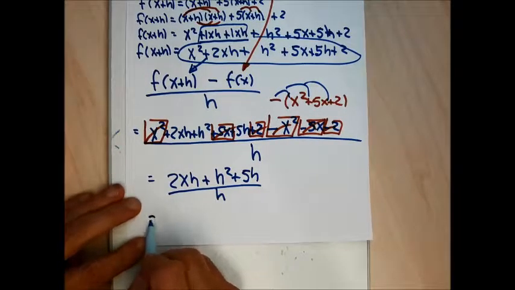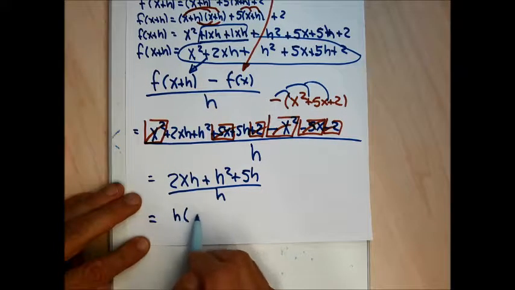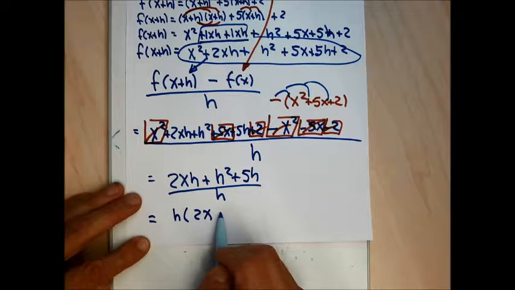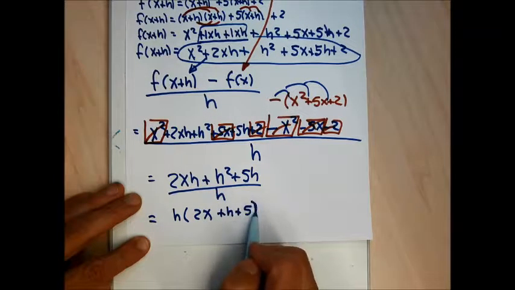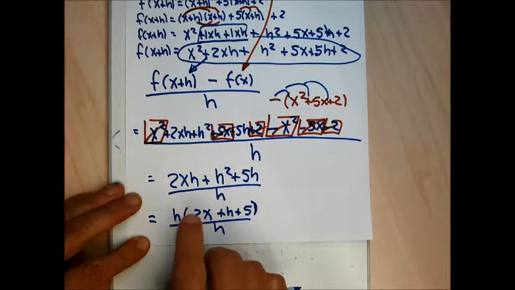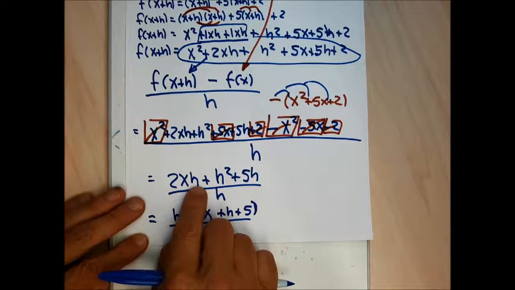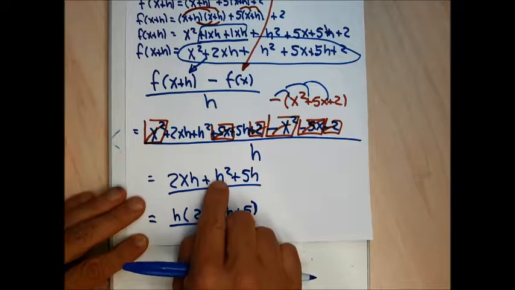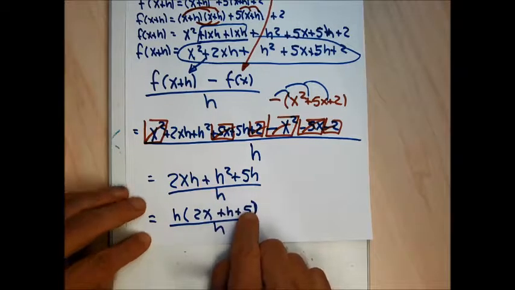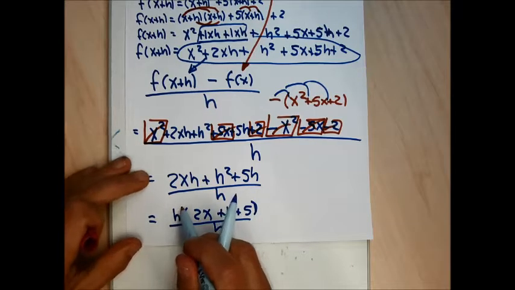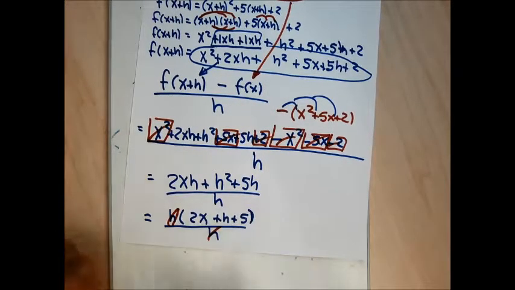In the numerator now, each term has an h. I'm going to pull out an h from each term as a common factor. When I take an h away from the 2xh, I'm left with 2x. When I take an h away from the h squared, I'm left with h. When I take an h away from the 5h, I'm left with 5. Now I'm going to cancel the h's. The fraction's gone.